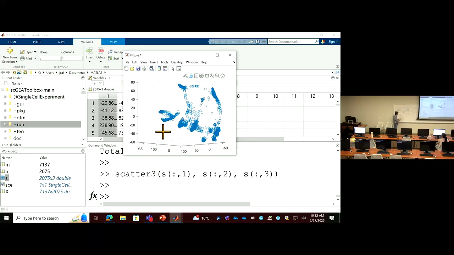So we are going to do k-means with this. Use this as input: put S as input, and k-means will give us the index, basically an ID.